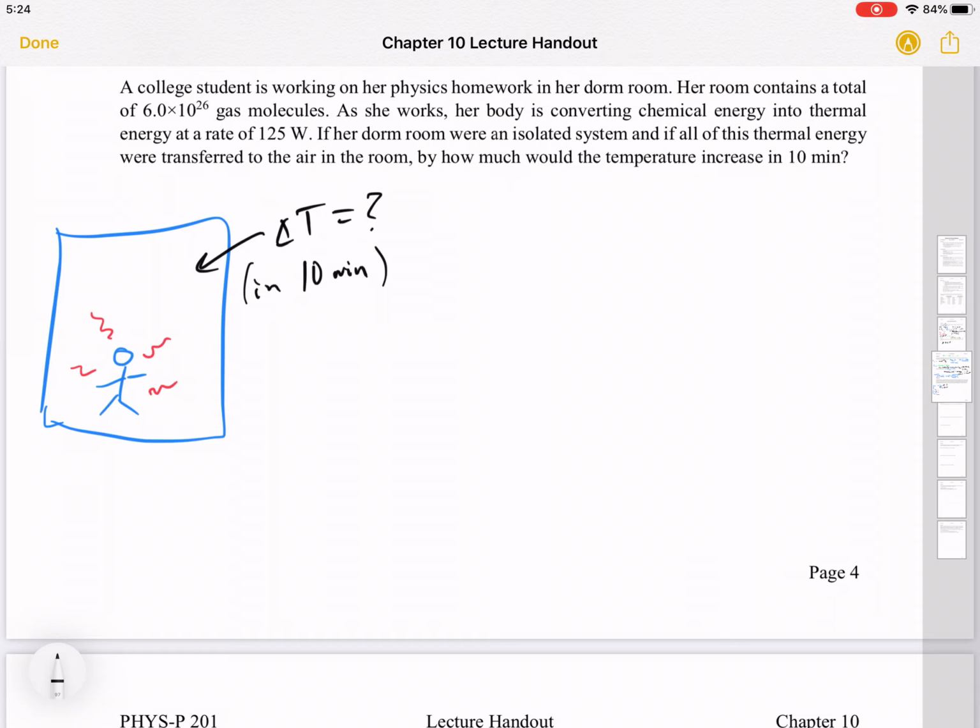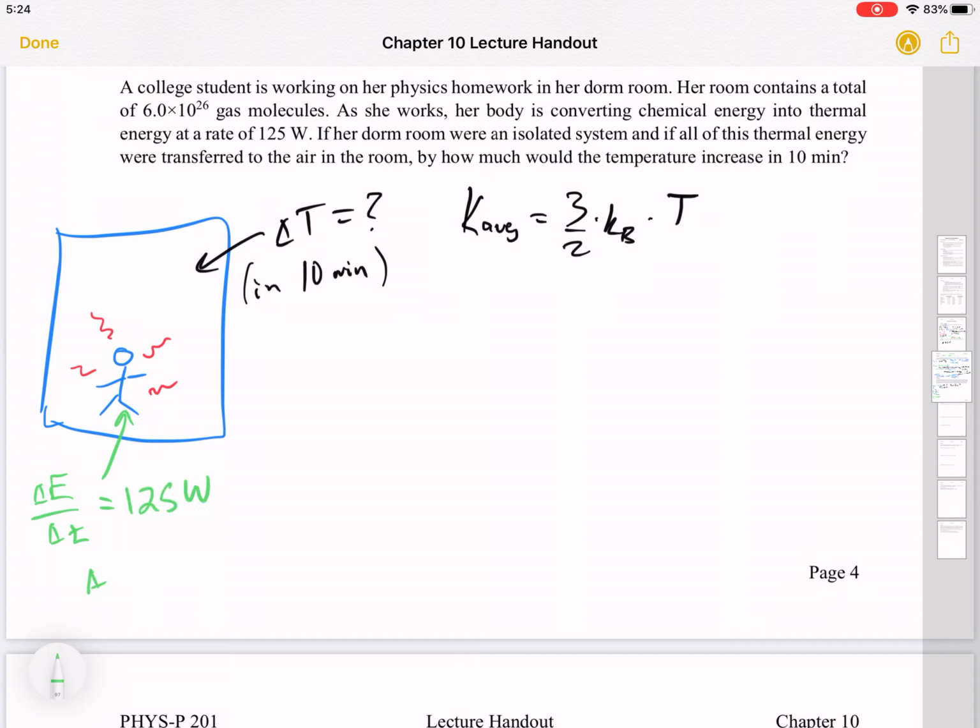Well, I have this K average equals 3/2 kBT. But what I'm able to get from her is she's releasing energy at a rate delta E over delta t. That's a power, 125 watts.